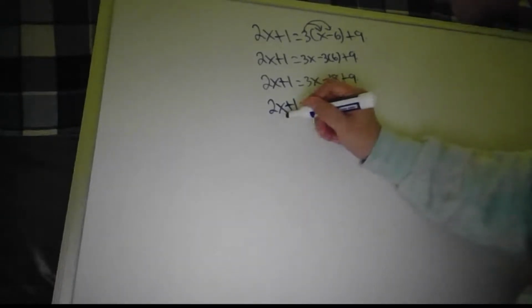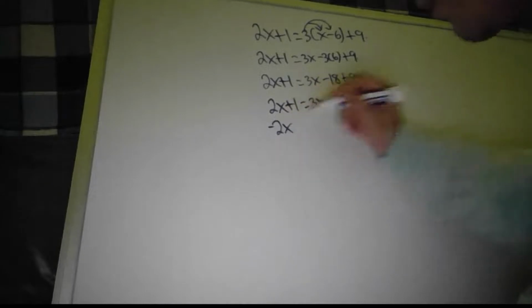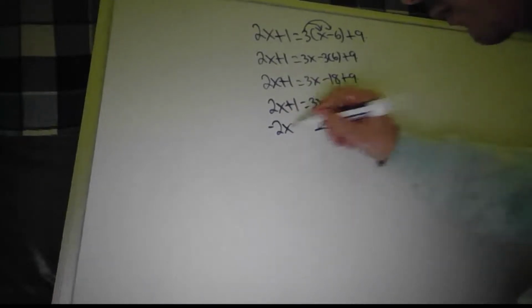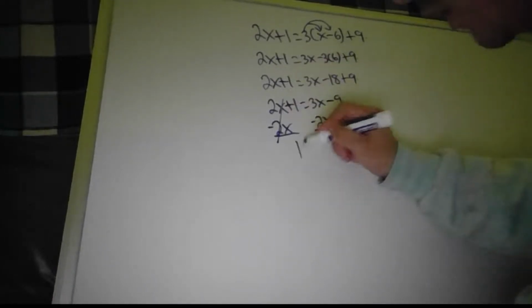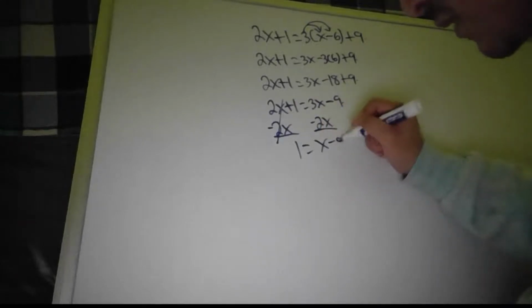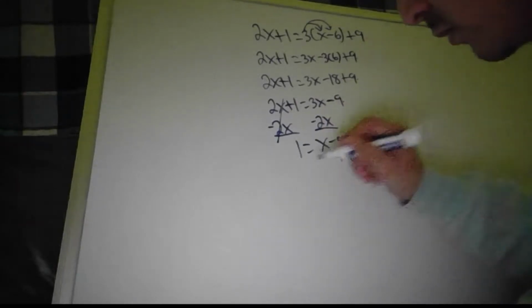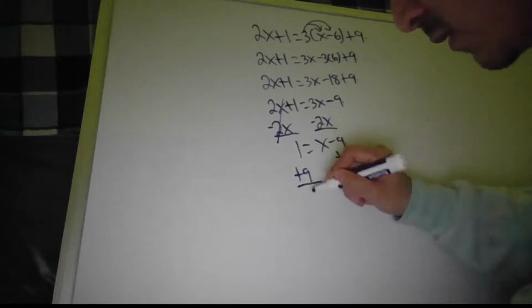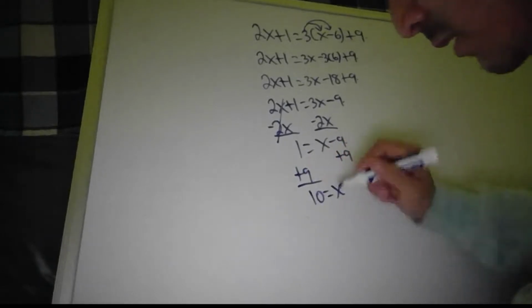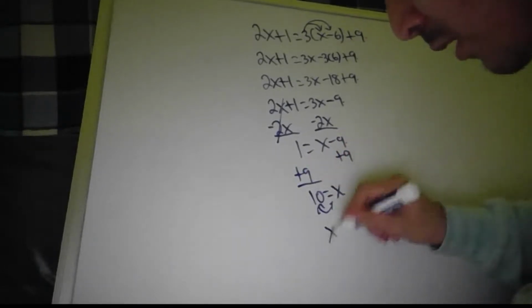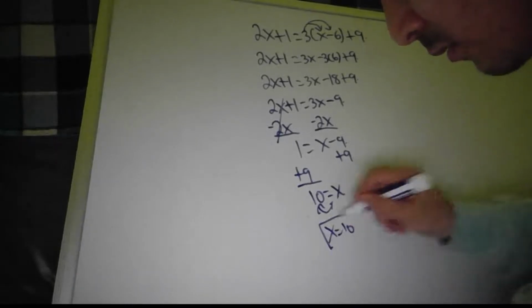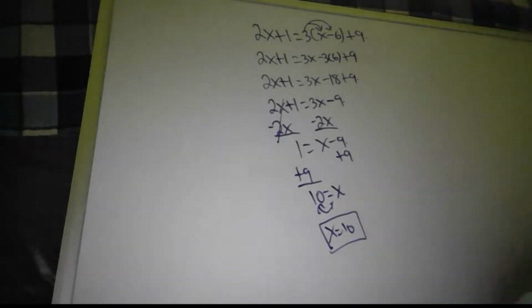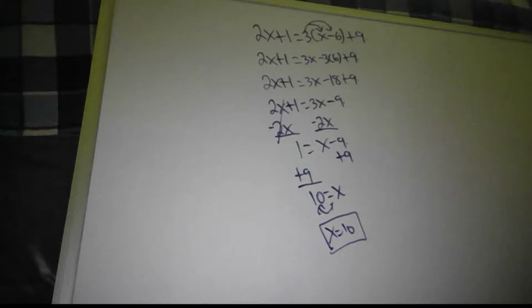And then subtract 2x on both sides. 1 equals x minus 9. Add 9 on both sides. 10 equals x, and you switch it around, x equals 10. Okay? It's not that hard, okay?